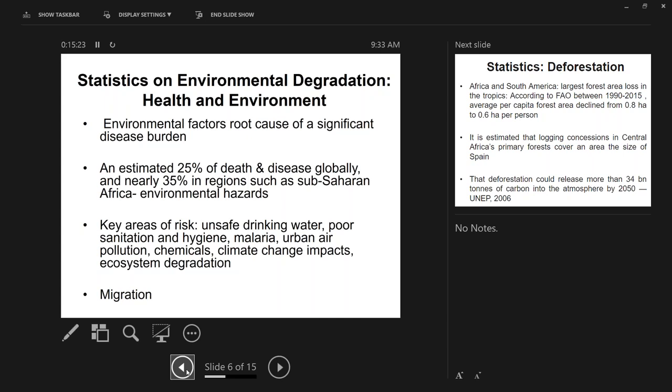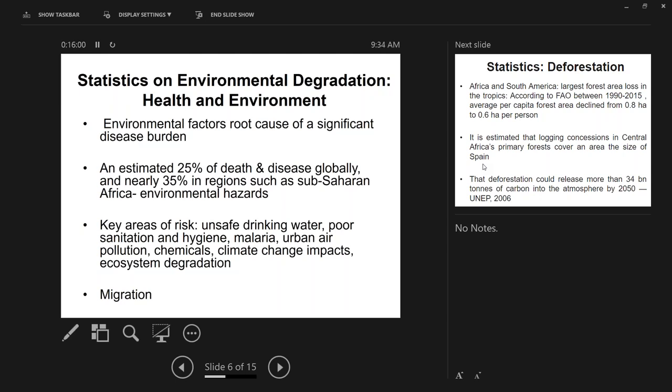According to FAO, between 1990 and 2015, average per capita forest area declined from 0.8 hectare to 0.6 hectare per person. This is because the afforestation projects have positively impacted the environment.